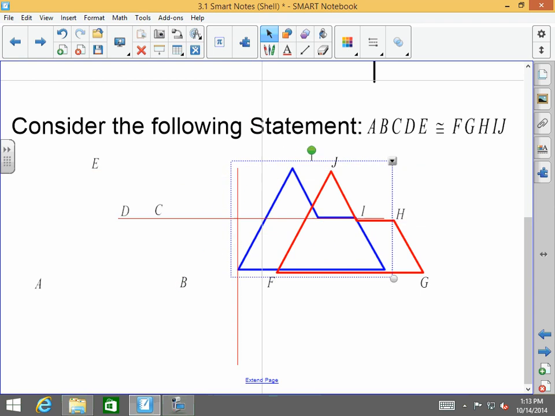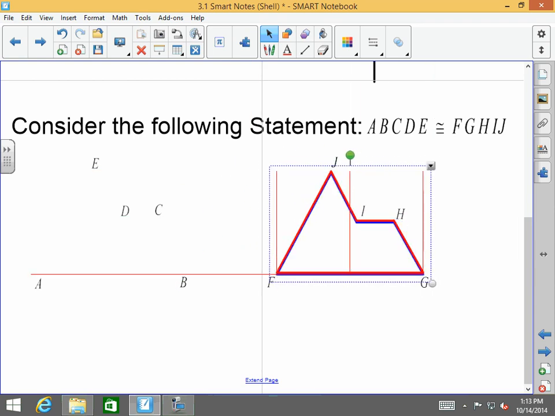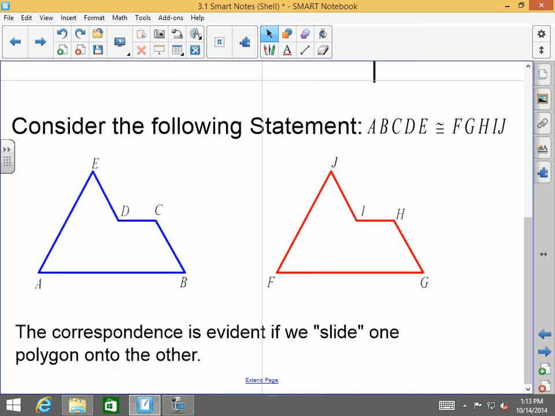But if I slide this guy over here, they will match up perfectly. So sometimes I can prove congruency with a slide. We already proved congruency with a reflection. Sometimes the correspondence is evidence if we slide one polygon onto the other.